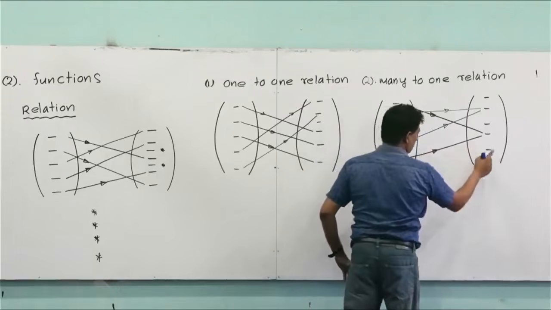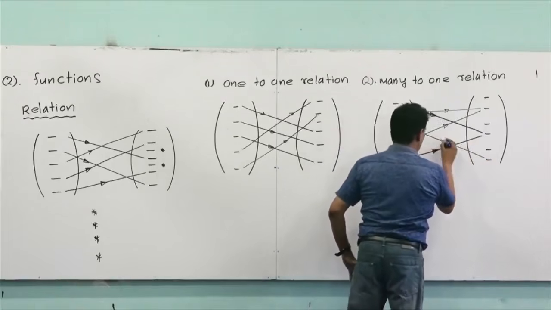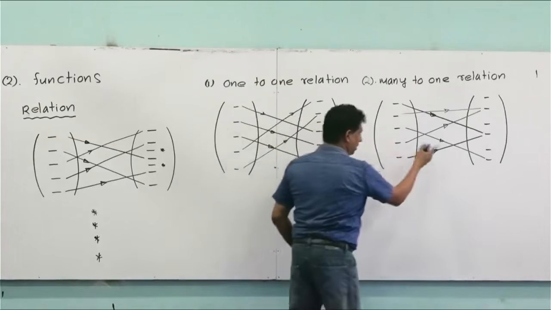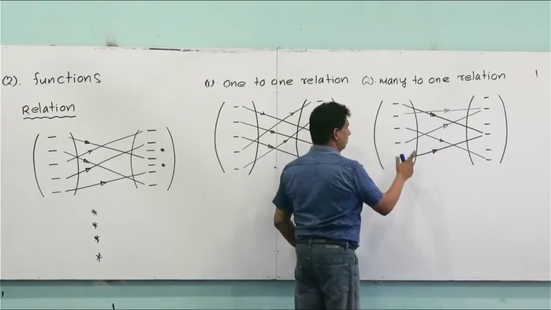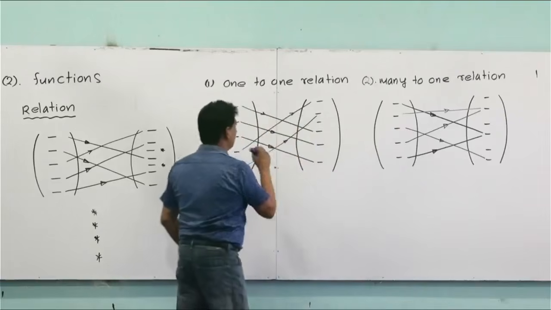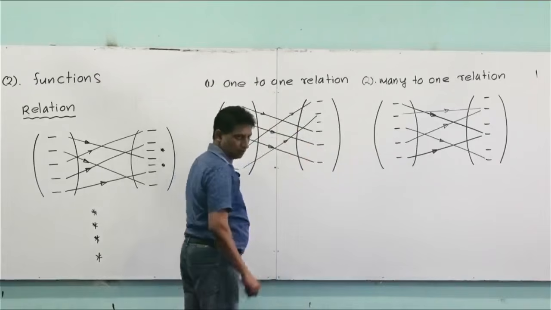If they are listing this one 25, then this element is connected with this one, right? Meanwhile, there can be a one-to-one connection also, right? So this is called a many-to-one relation, many-to-one. Then one-to-one relations and many-to-one relations are functions, right?